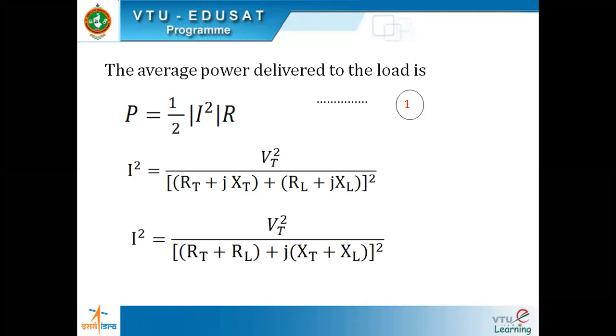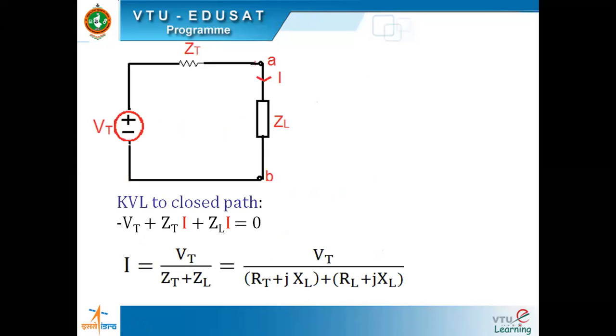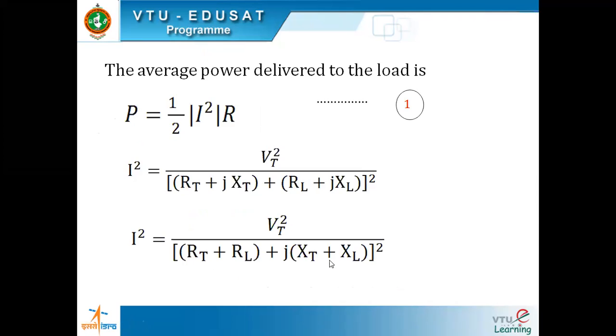Fine. So we want I here. So let's substitute the I that we have got previously in this particular place. What is there as I? See here, this is there as I. Just substitute this in place of I. Before substituting I here, we need the magnitude. How to obtain the magnitude of I squared?